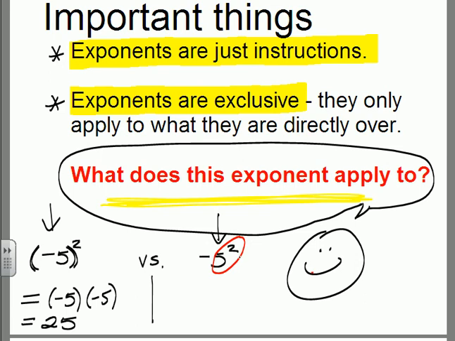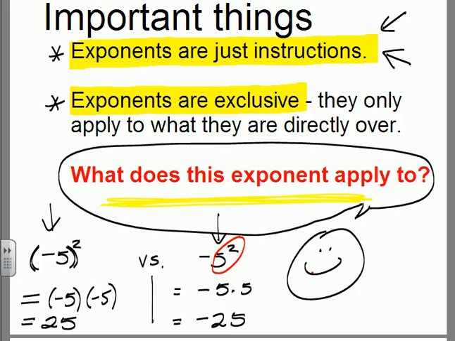So we would say 5 squared is 5 times 5, but this little negative is still out front, and we can either see that as a -5 times a +5, or a negative times 5 times 5, and either way we're going to get -25. Okay, so remember that from before. That's going to be a big deal every time. And keep in mind, exponents are just instructions, and you've got to ask who they apply to.